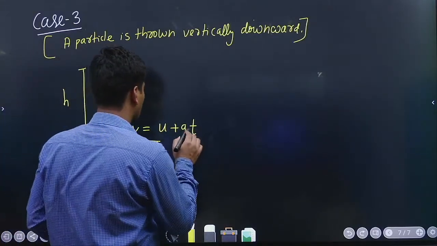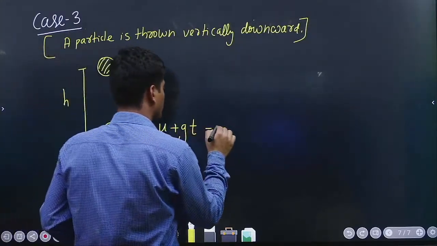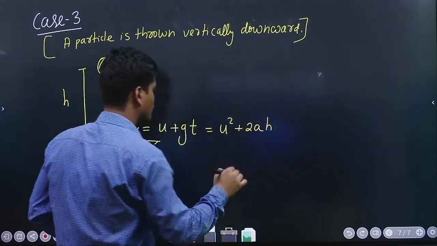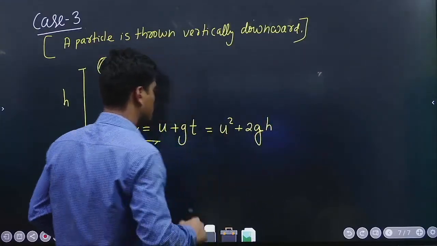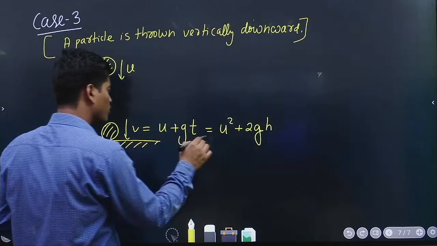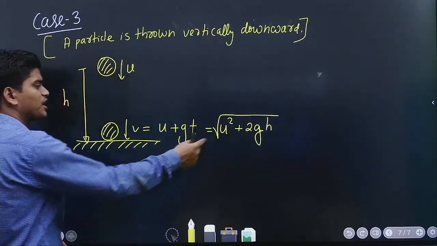Or, as the height h is given, you can write it as root of u square plus 2gh. Because v square equals u square plus 2s, from that formula I am getting this.